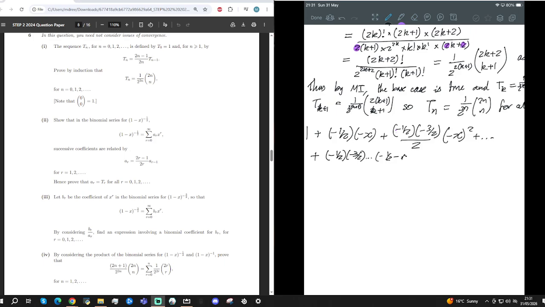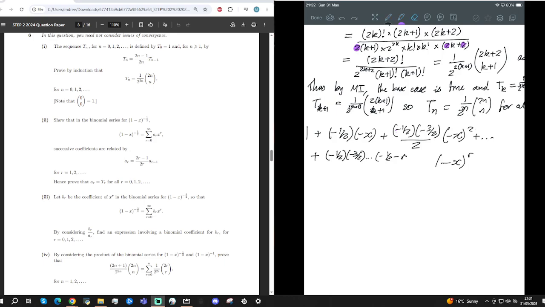And I'm not actually going to close that bracket yet because I need to think carefully about how that r is related to the power over here. So we can see that when r was 2 for this term here, we actually only subtracted 1 from the negative a half.